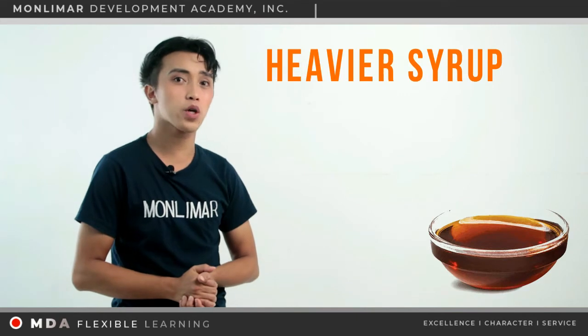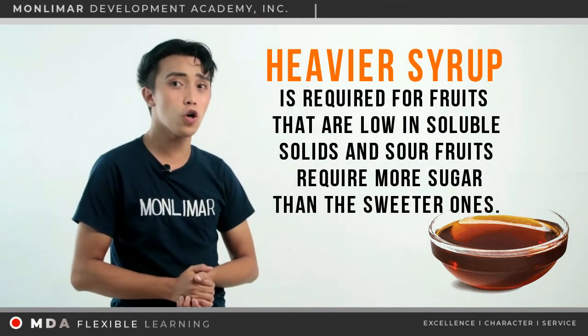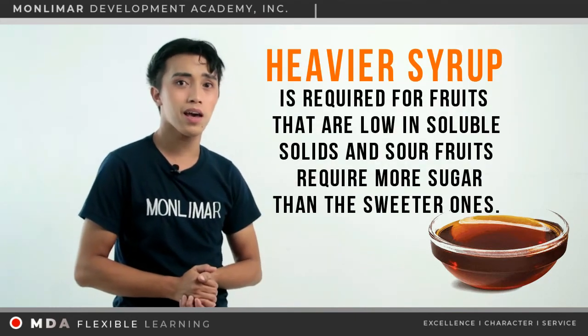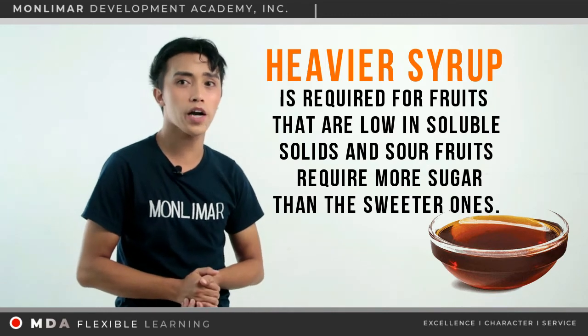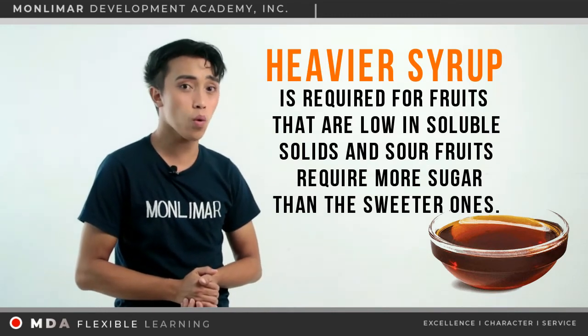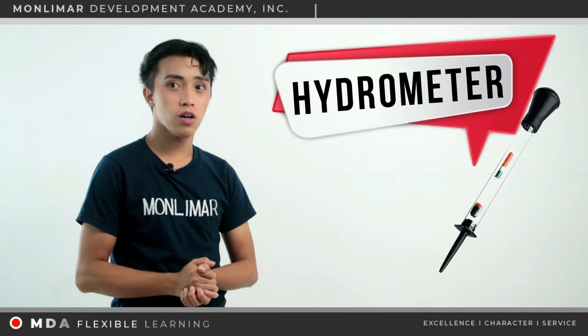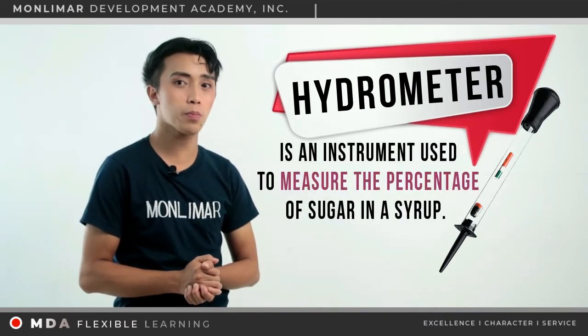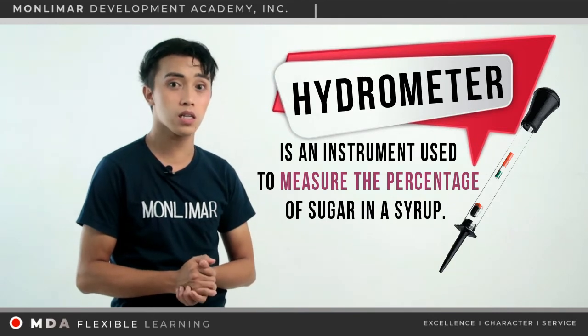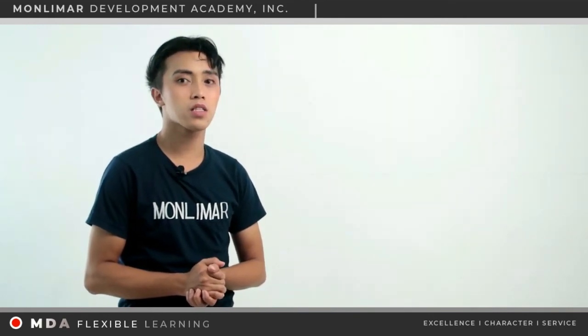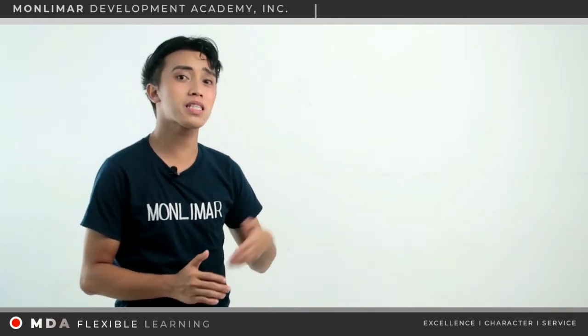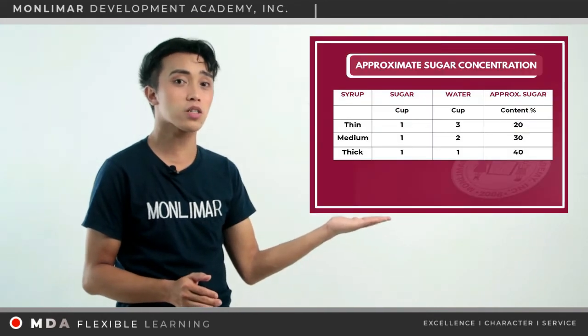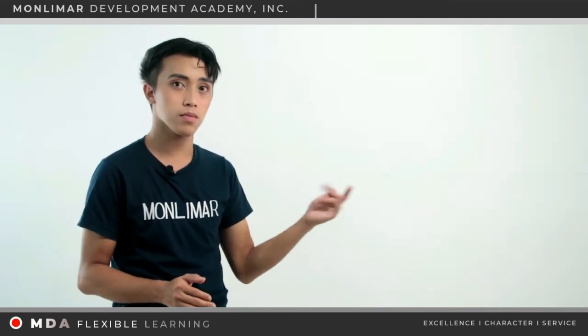Heavier syrup is required for fruits that are low in soluble solids, and sour fruits require more sugar than sweeter ones. A hydrometer or a candy thermometer is an instrument used to measure the percentage of sugar in a syrup. In the absence of a hydrometer, you can use this approximate sugar concentration table at home.